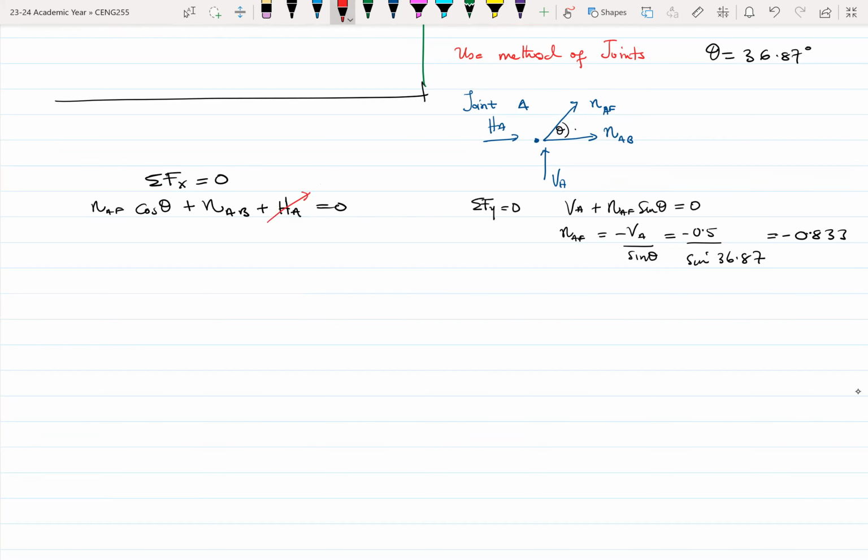But HA here is already 0, so we take that one out, which means that N sub AB is equal to minus N sub AF cos theta.